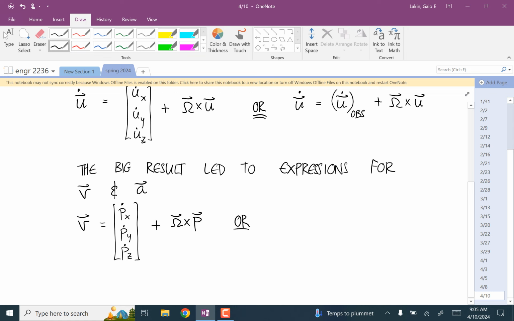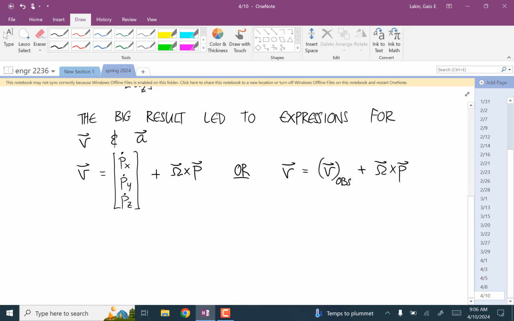Or you can also write that, depending on how you're given this information, velocity is equal to the velocity that the camera, the coordinate system, sees, plus the part that it doesn't see, which is this.